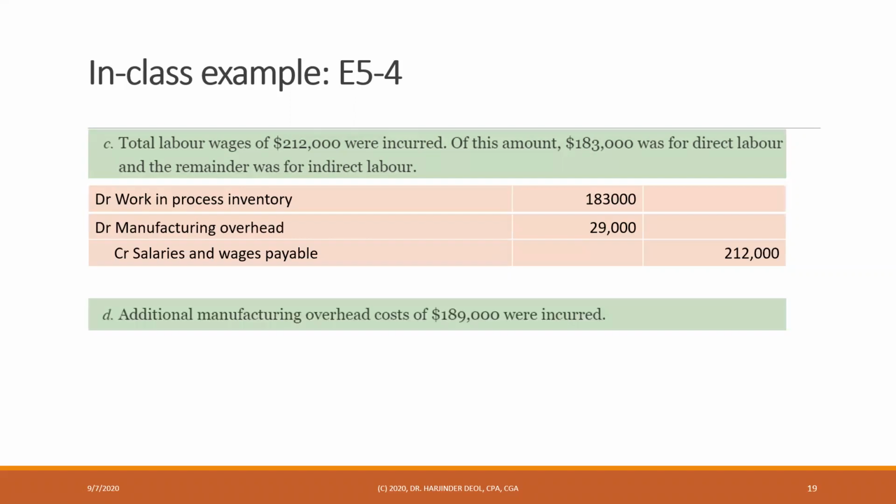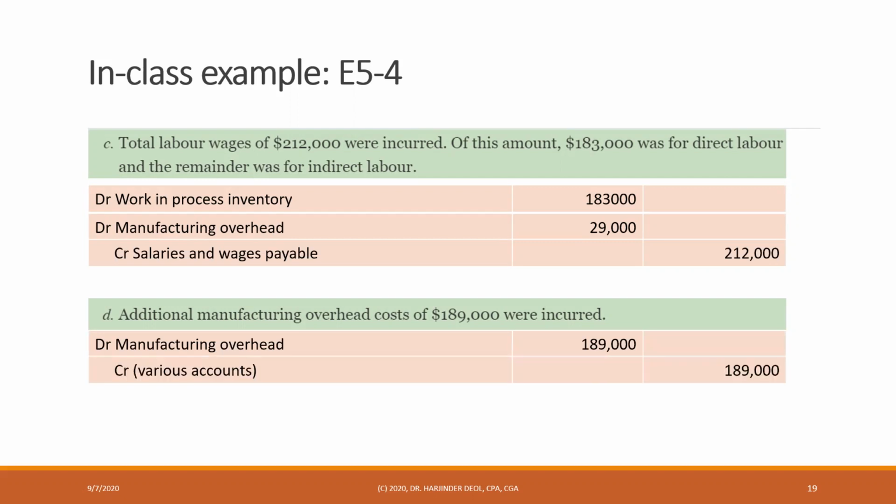Fourth transaction, additional manufacturing overhead costs of $189,000 were incurred. For this, you will debit manufacturing overhead and credit various accounts. Those various accounts could be accumulated depreciation for the depreciation on factory equipment or building.